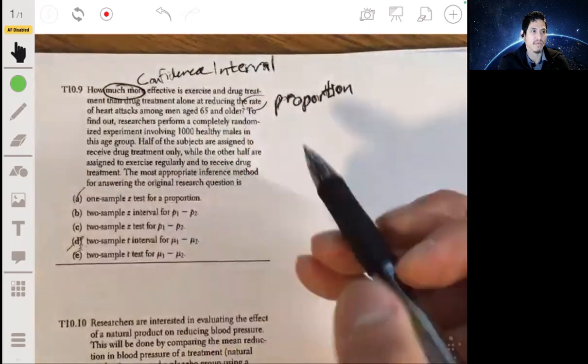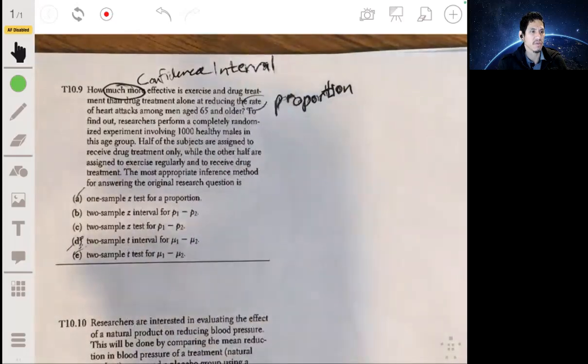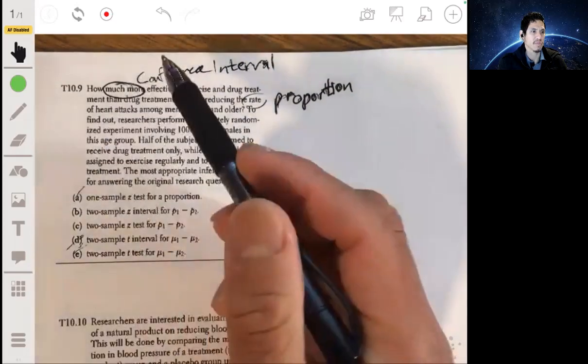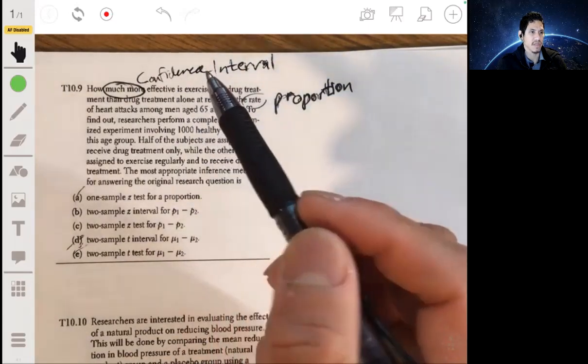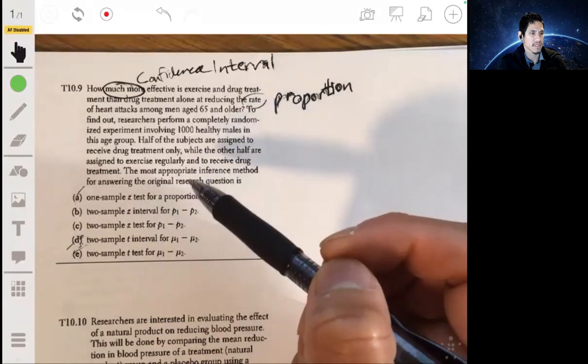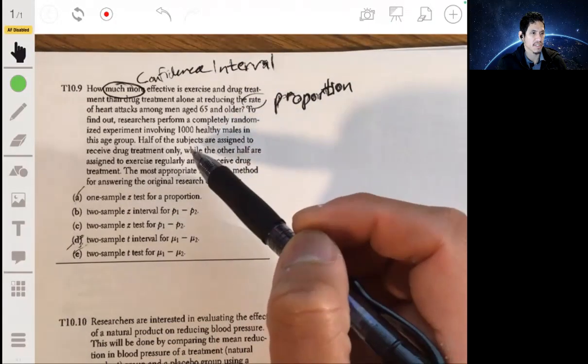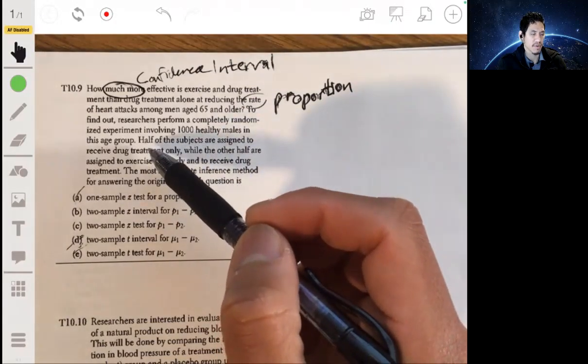So this confidence interval will give us an estimate for the range of values for the difference in proportion, telling us how much more effective exercise and drug treatment is compared to just getting drugs.